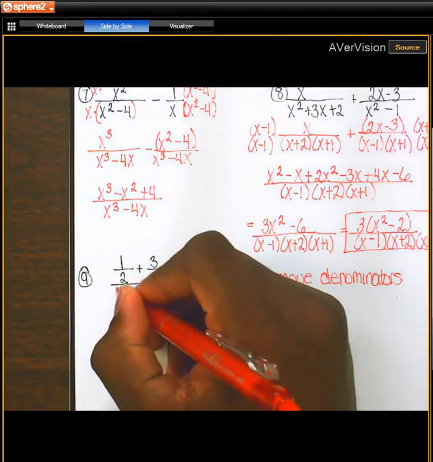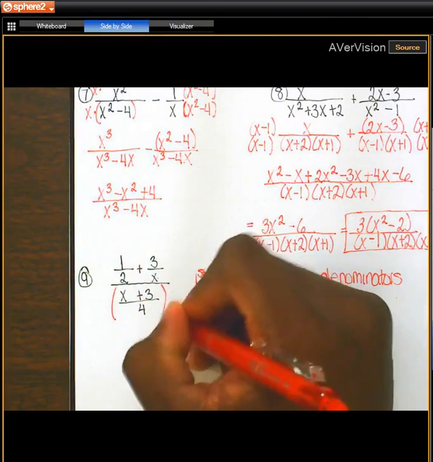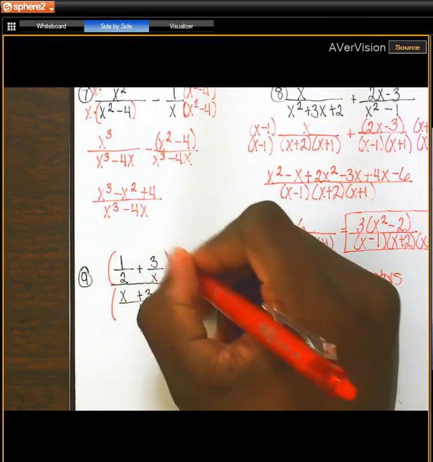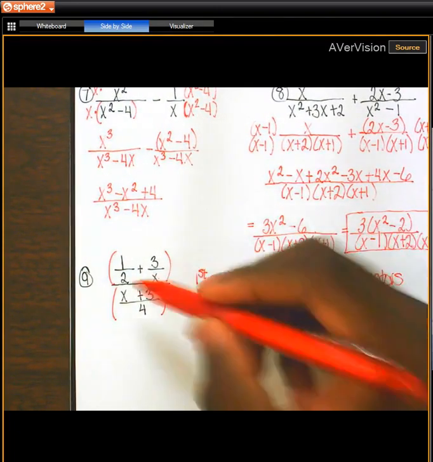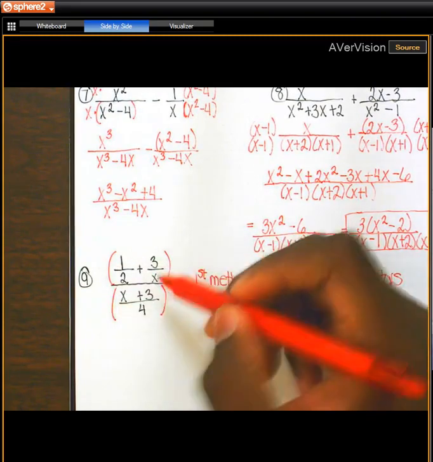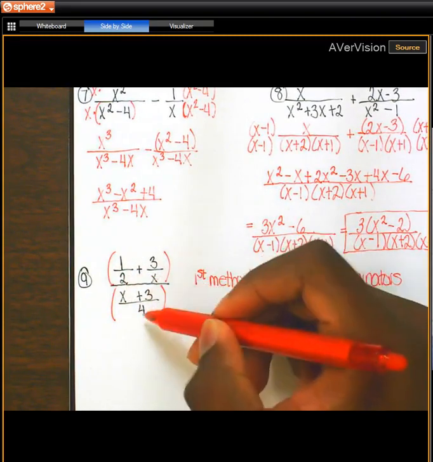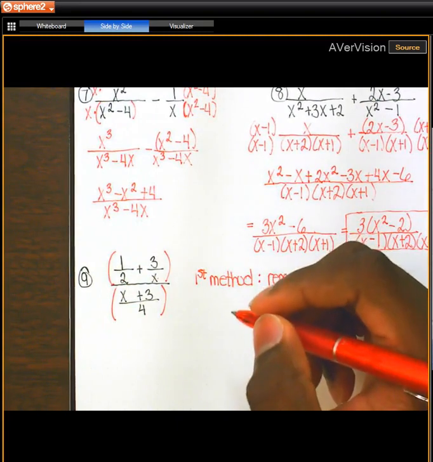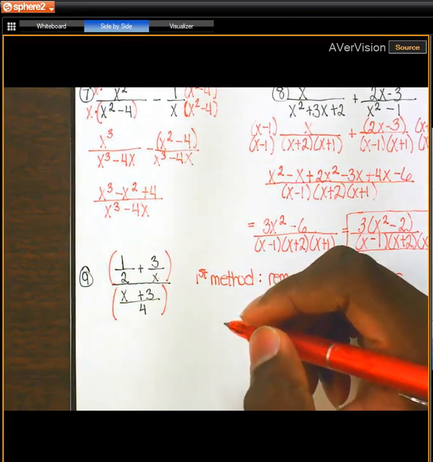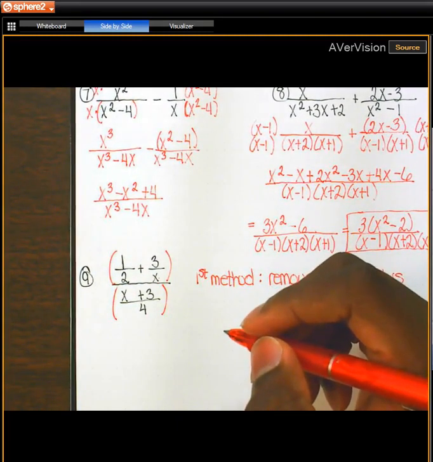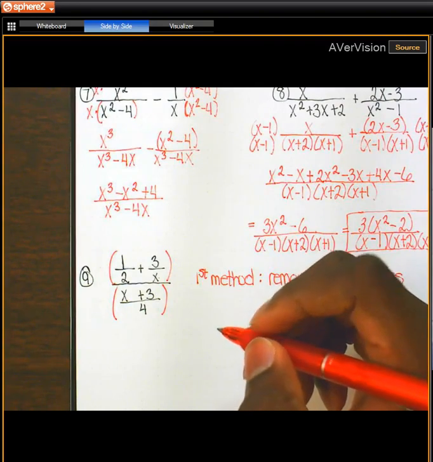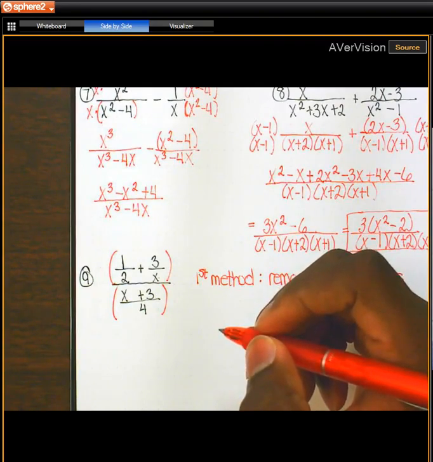Not exactly. So we're trying to figure out one thing we can multiply to the top and the bottom to get rid of the 2, the x, and the 4. So we look for greatest common factor.